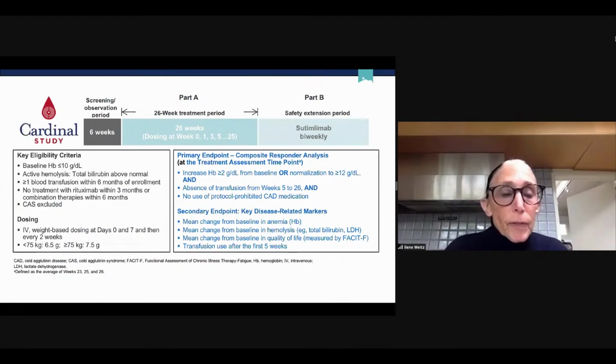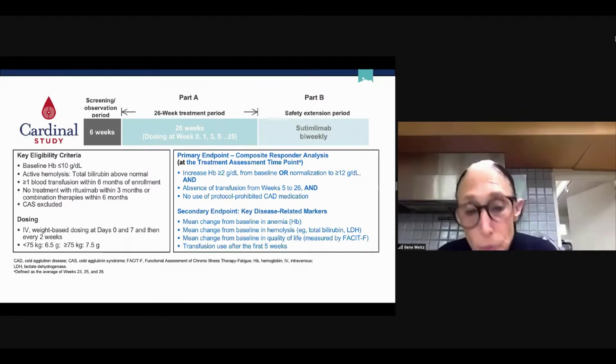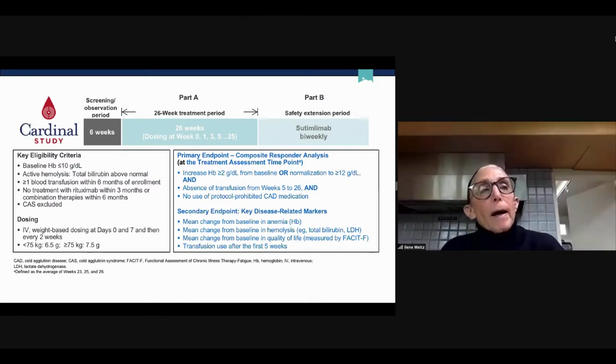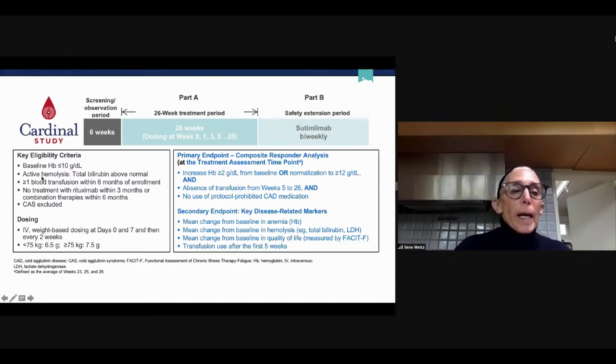So the CARDINAL study, which many of you may have seen, was just published in the New England Journal, finally. With COVID, everything was being delayed. So this was finally published. And you could see that these were patients who had hemoglobins of less than 10. They had to have evidence of active hemolysis.